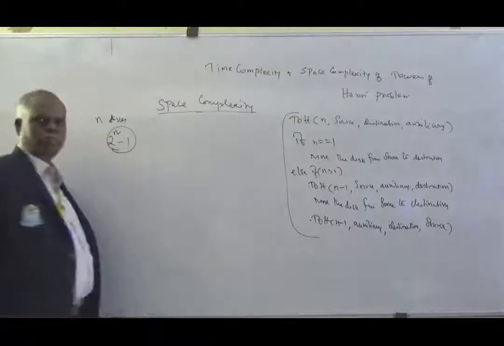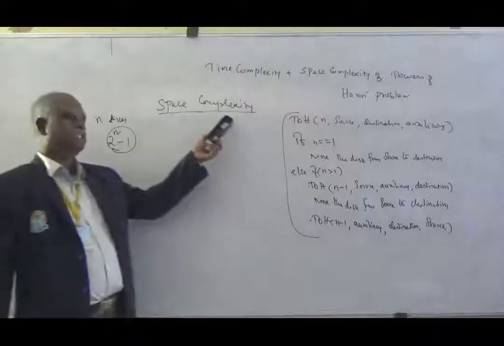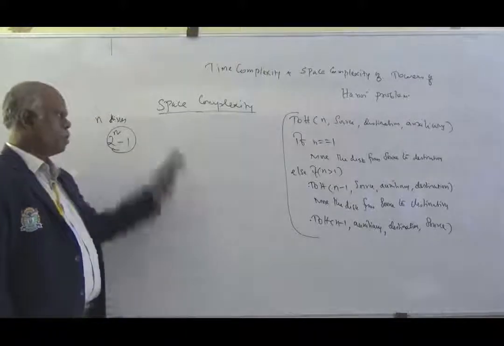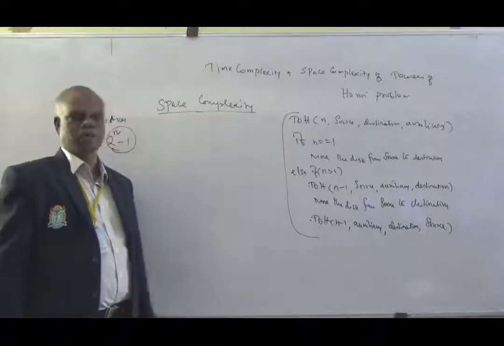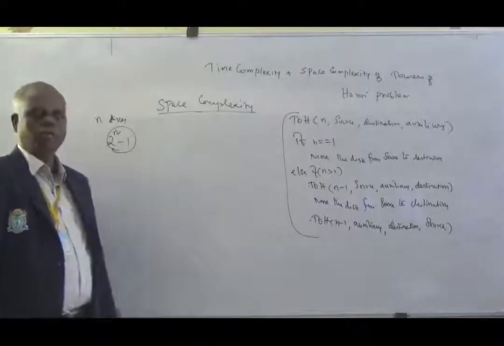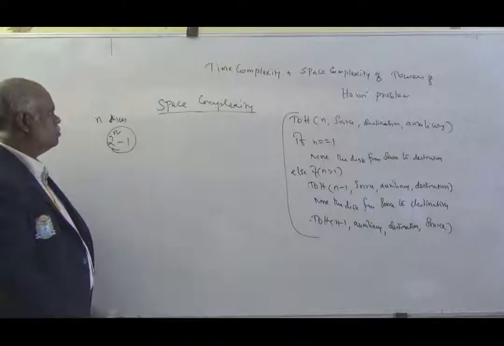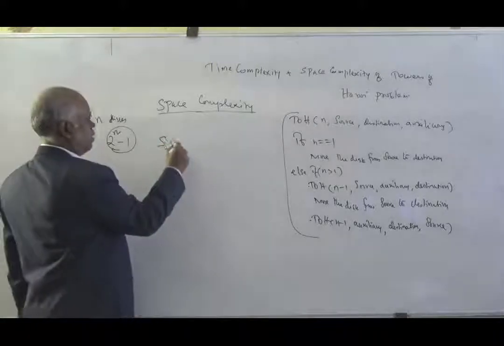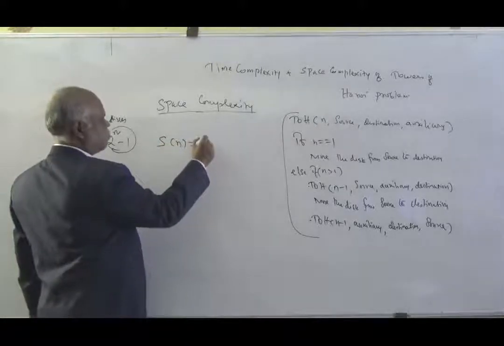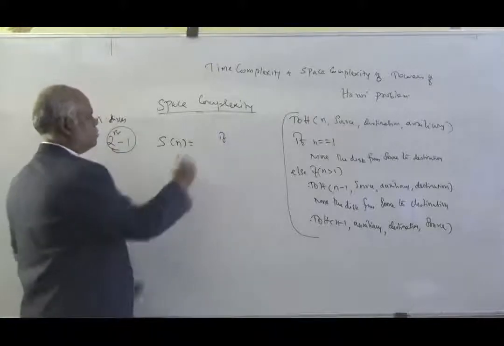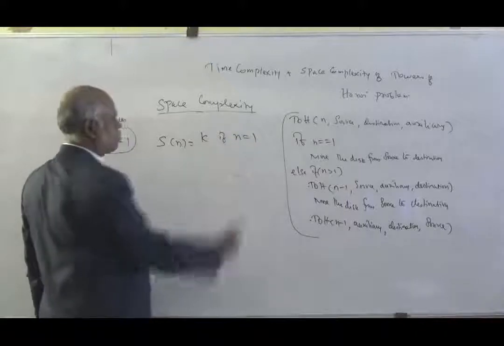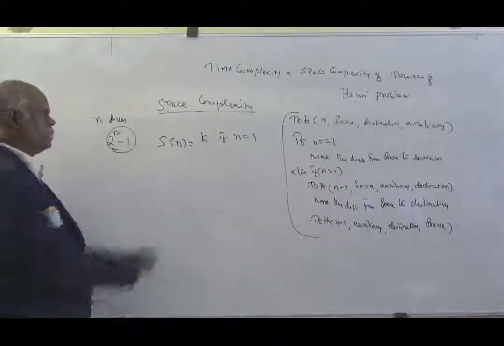So what is space complexity actually? Space complexity is nothing but the amount of memory required for execution of this algorithm. So S of n is equal to 1, you can take it as some constant value k, if n is equal to 1, to store the parameters.